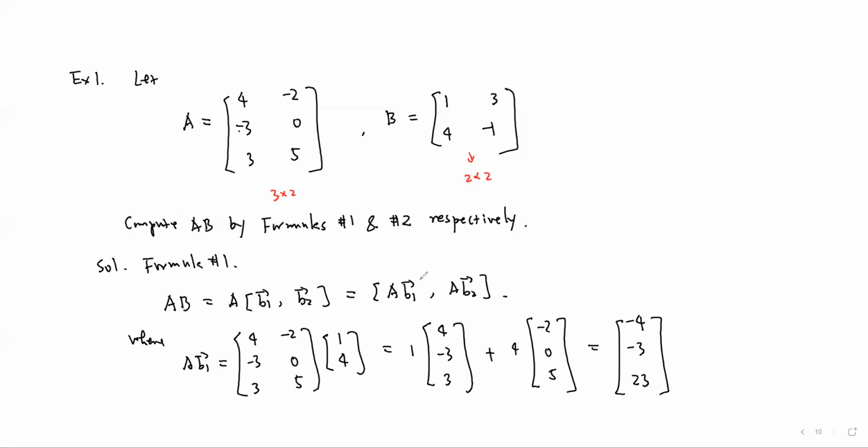That is A times B1. Now let me compute A times B2. It is matrix A times B2, the second column of matrix B, which is (3, -1). A matrix times a vector is a vector, a linear combination of the columns of the matrix.